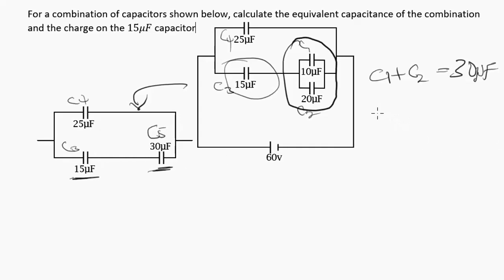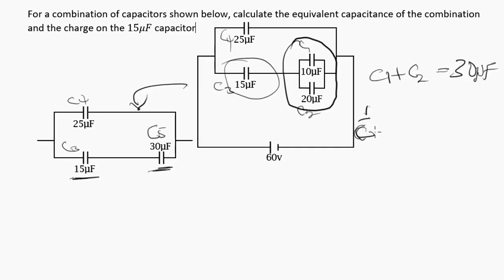So the equivalent capacitance here will be 1 over C equals 1 over C3 plus 1 over C5.